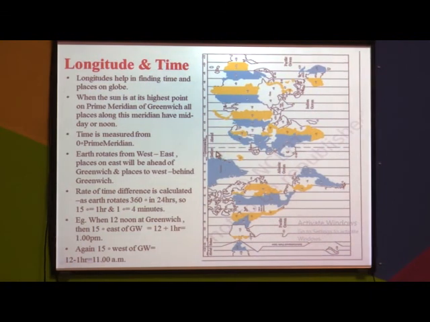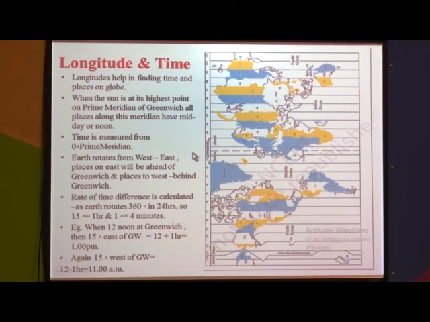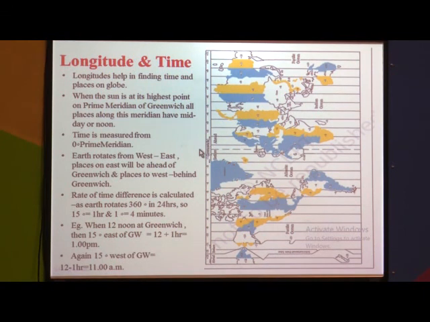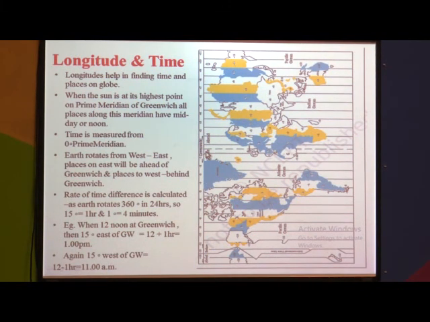So when the sun is at its highest point on this prime meridian, all places along this meridian have midday or noon. Whichever countries are on this line will have midday or noon, meaning exactly 12 o'clock will be the timing there. Again, time is measured from the 0 degree meridian.